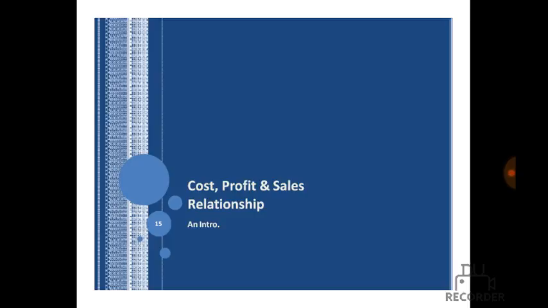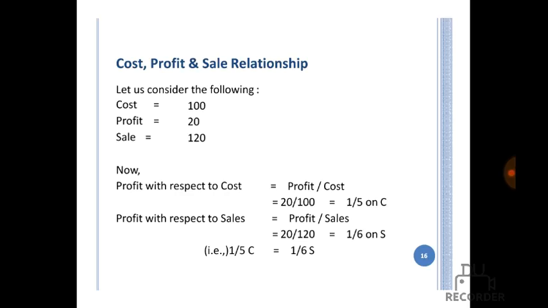Cost, profit and sales relationship, an introduction. Let us consider the following: cost is equal to 100, profit is 20, sales is equal to 120.